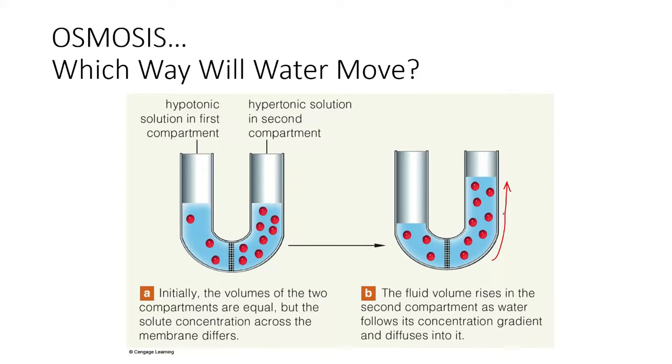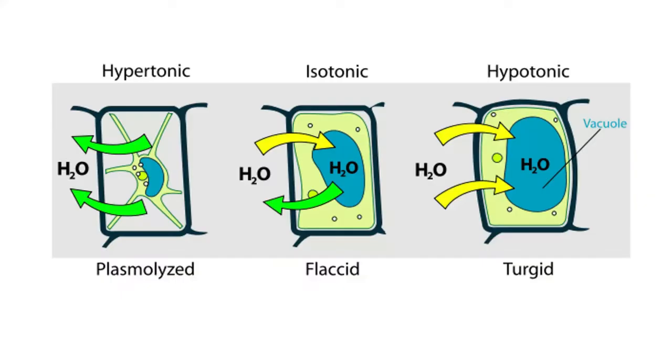It's one thing to say just water moves from left to right, but another one to say that it moves up against gravity. Shows you that it's a pretty powerful force. We can see that in plants as well. So if the environment outside of a plant cell is really salty, then water moves out. And since that cell wall sort of stays in place, this cell inside shrinks away from the cell walls.